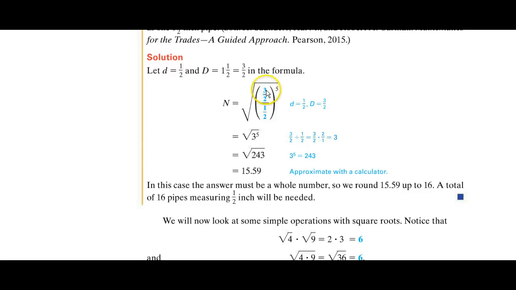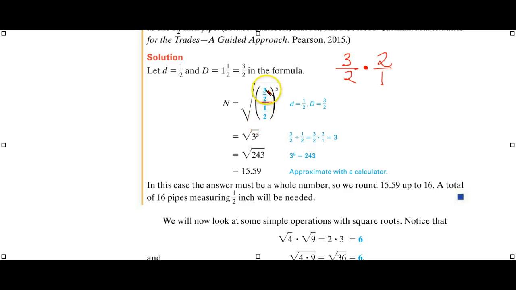And what you would do first is to figure out what's going on here. So let's pause and review that. As we put the dimensions of our pipe in there, this is division within a grouping symbol. So we do this first.